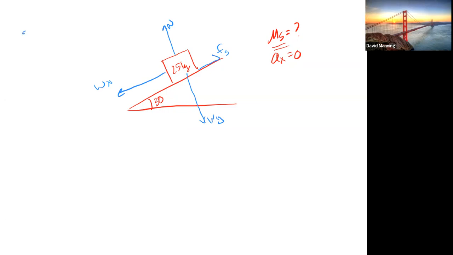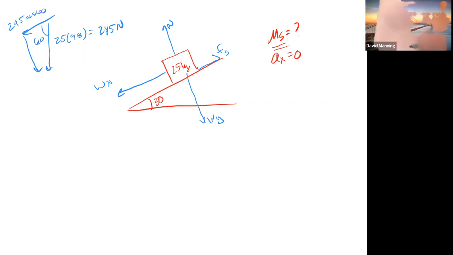We can draw our little free body diagram, right? 25 times 9.8 equals 245 newtons. This angle is 60, so we got 245 cosine 60 and 245 sine of 60.